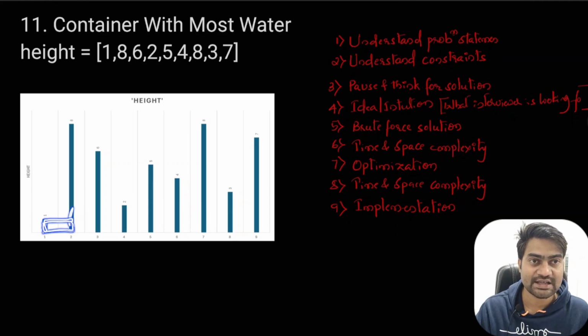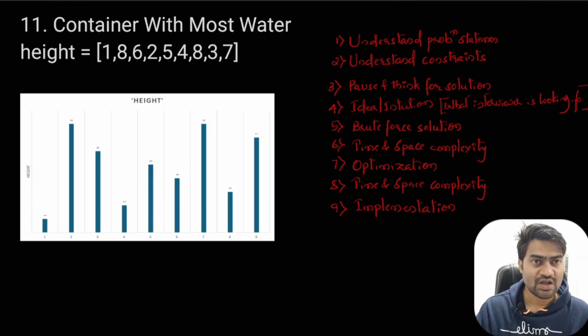If I find the area of this rectangle, then I get the quantity of water these two lines hold. We need to check between all the possible pairs of lines, find the area, and then take the maximum out of it. That is what the problem states here.